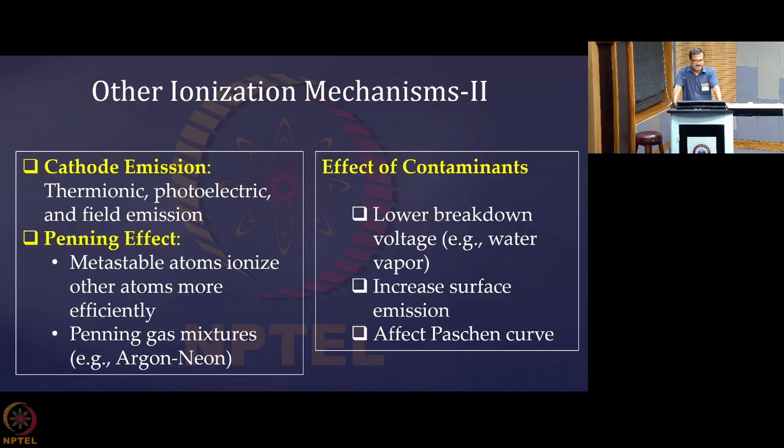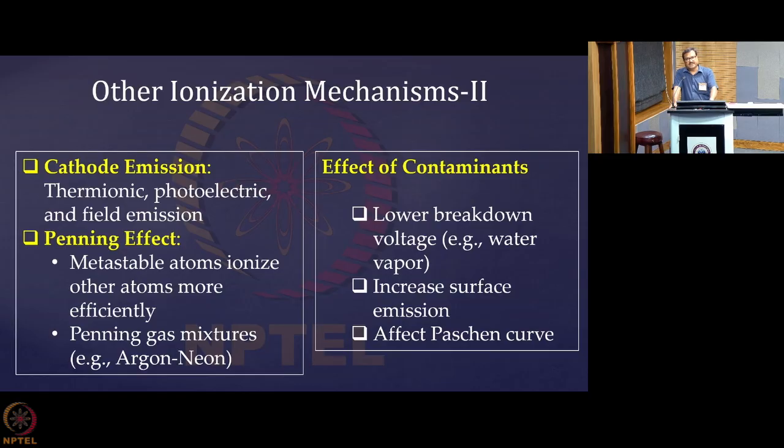You require a gas mixture, like in neon you are introducing an impurity of argon, and it is the metastable levels of neon which have an energy level much higher compared to the ionization energy that is required by argon, and when the electrons are getting re-excited from there, the lines, the photons that are getting emitted from there, they are sufficient to ionize the argon. So this effect is the Penning effect, and metastable states contribute significantly in this mechanism.